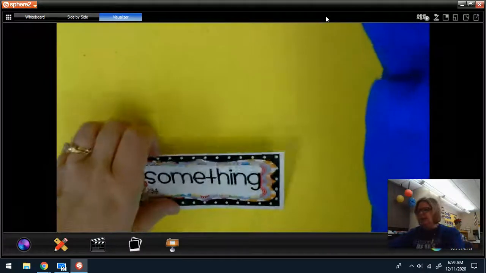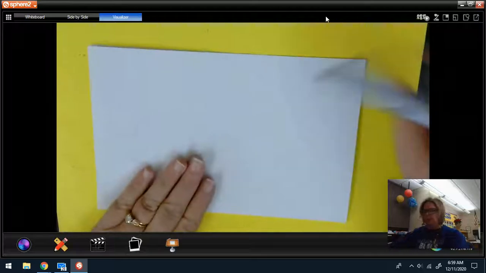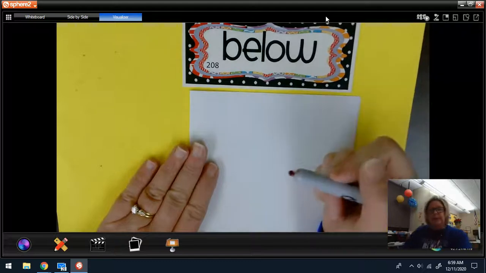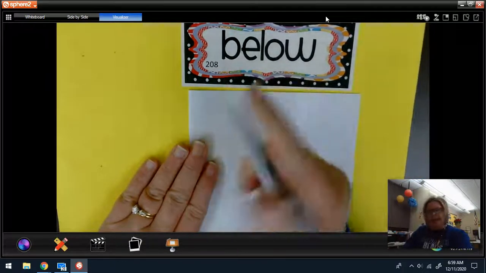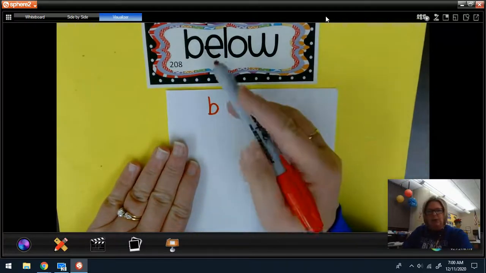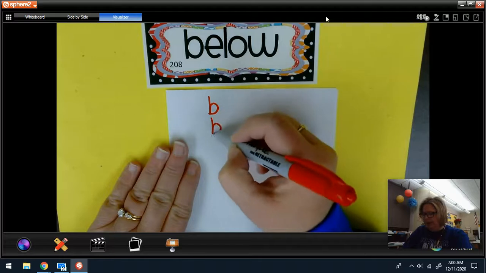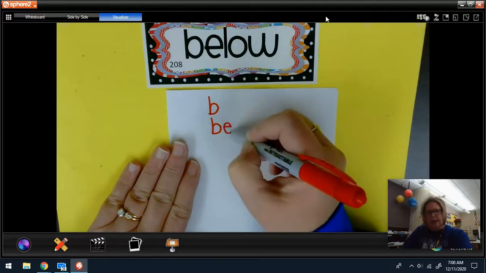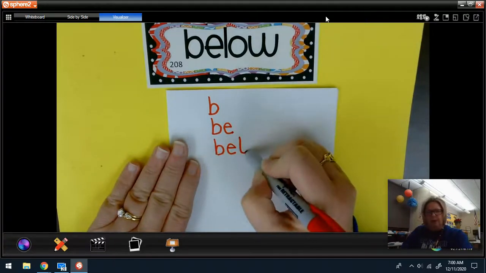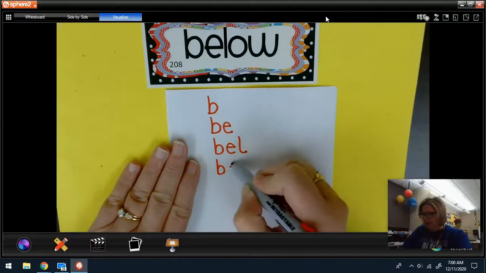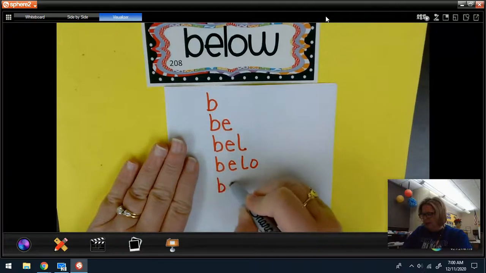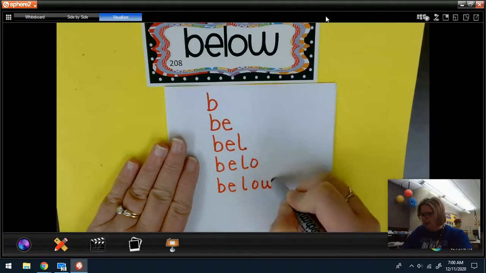Another fun way to practice sight words, we'll just take the word below, is you can stair step them. So you take each letter. If you take the word below, you write the B. Then you write the next letter, but you come underneath it and you add the E. And then the next time you write the letters again, but add the new letter. Then you write it over again and add the new letter.